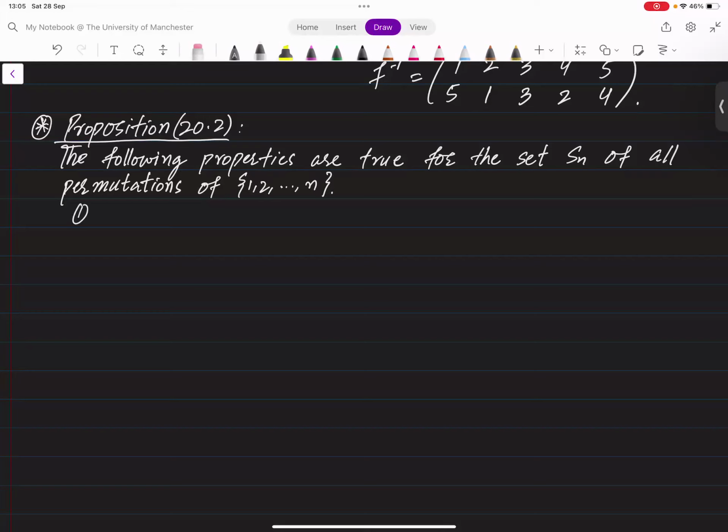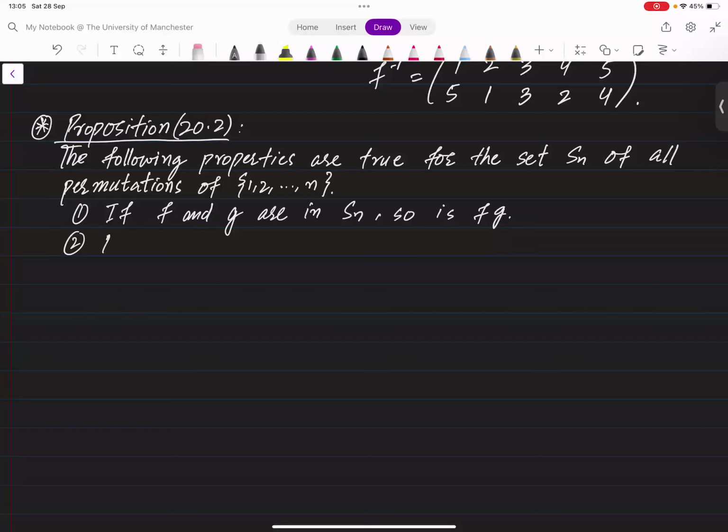First property is if f and g are in Sn, so is their product or composition.